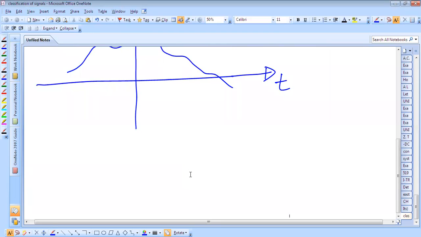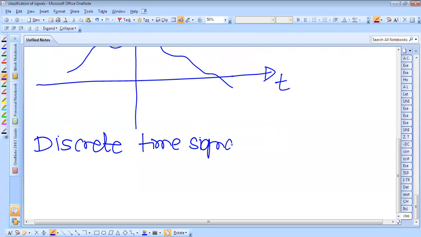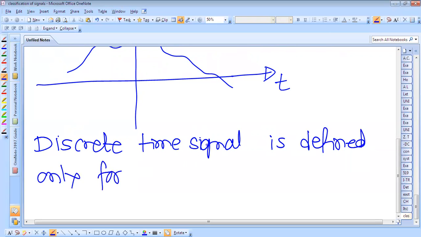Discrete time signals are defined only at discrete instants of time.